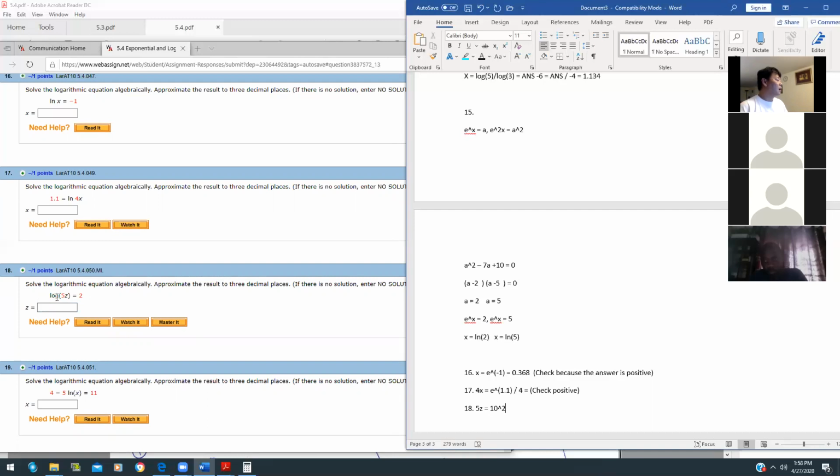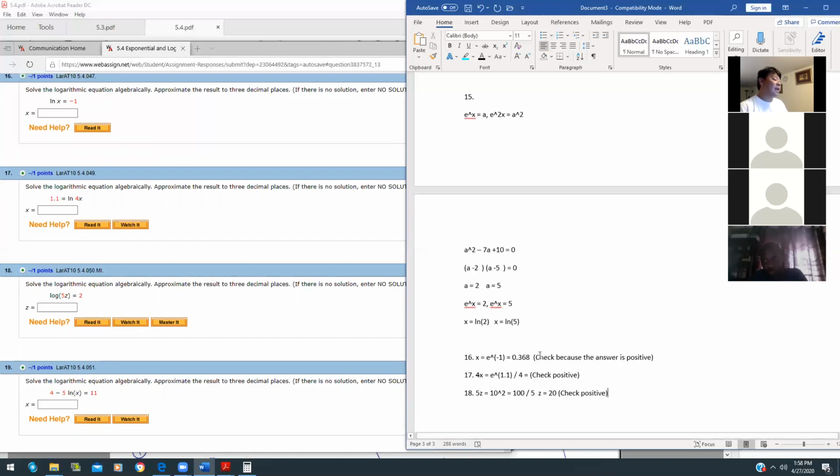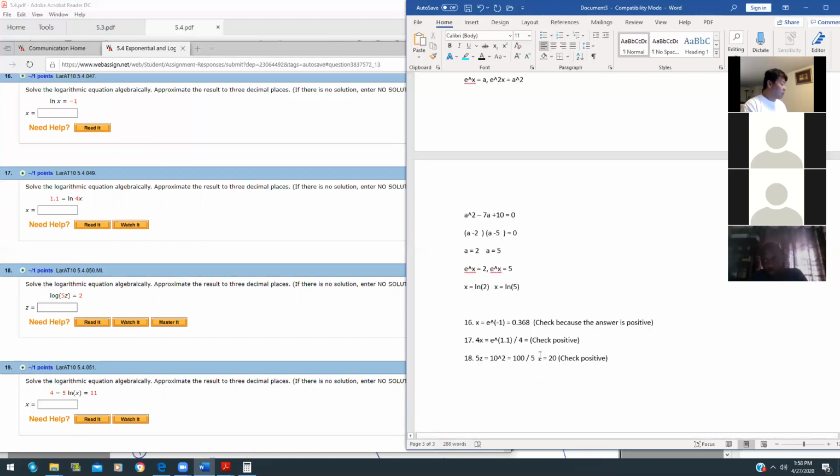So you move the 10 over there and the 2 becomes the power. So 10 to the power 2 is 100. And then you divide this by 5 because we got 5z. So z in this case is going to be just what? 20. And this is going to be checked because your answer is positive. Okay. So once you get a negative answer, it's no good.